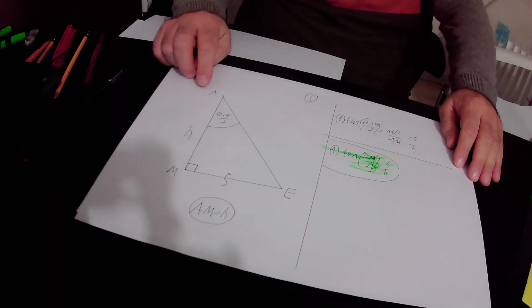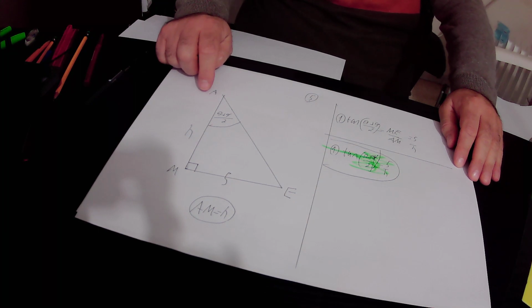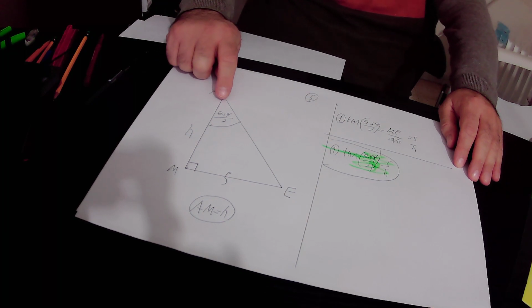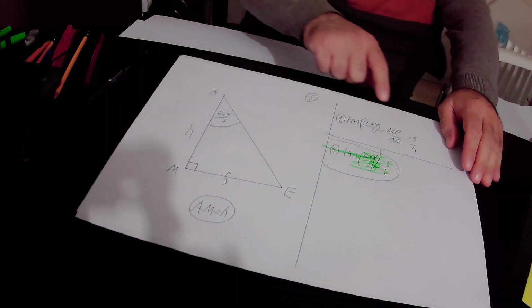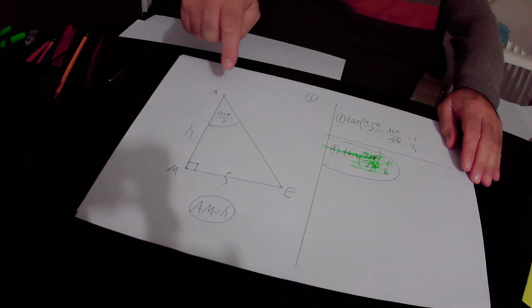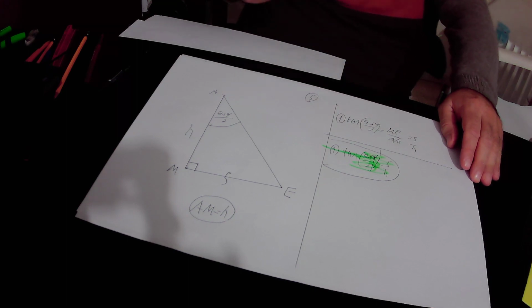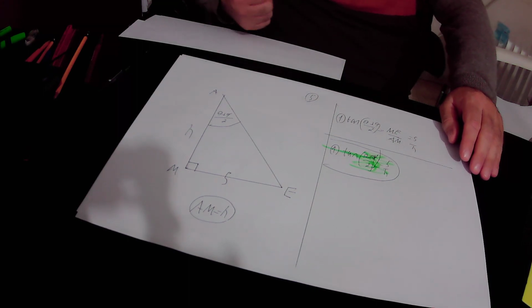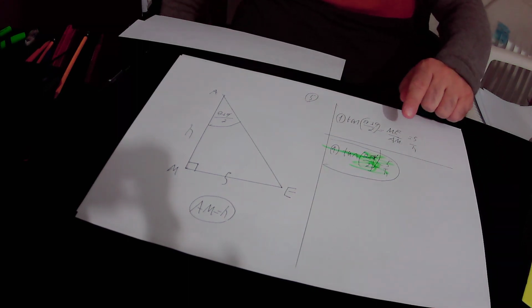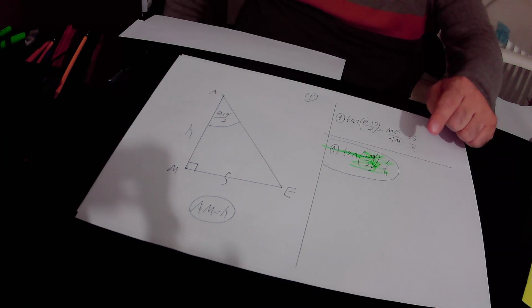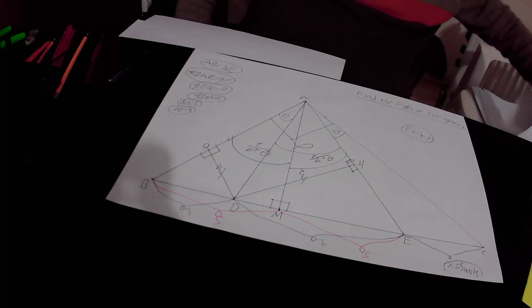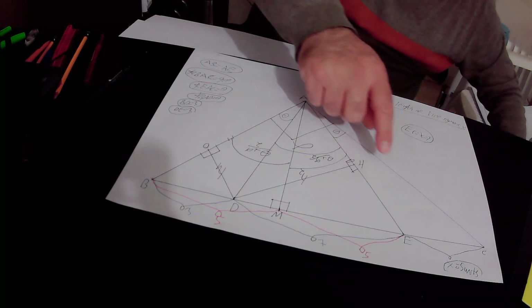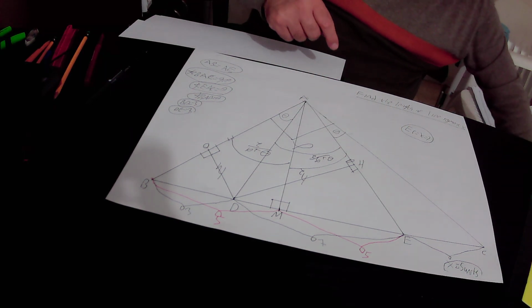So in the right triangle AME, we can write that tangent of (theta plus alpha) over 2 equals ME over AM, but ME equals 5 and AM equals h. So in conclusion, according to equation number 1, tangent of (theta plus alpha) over 2 equals 5 over h.